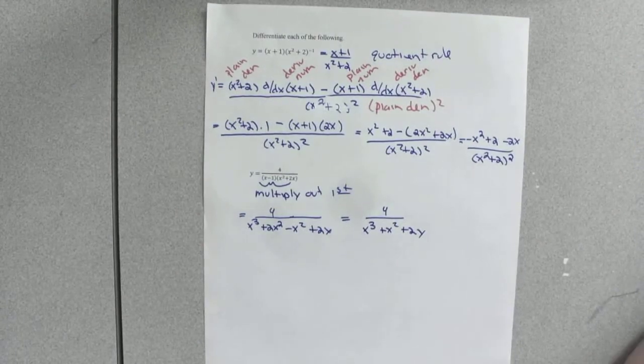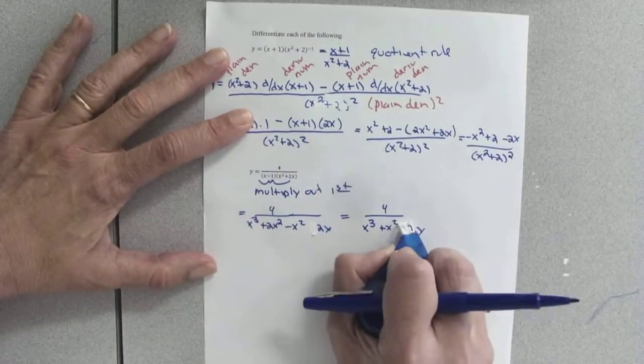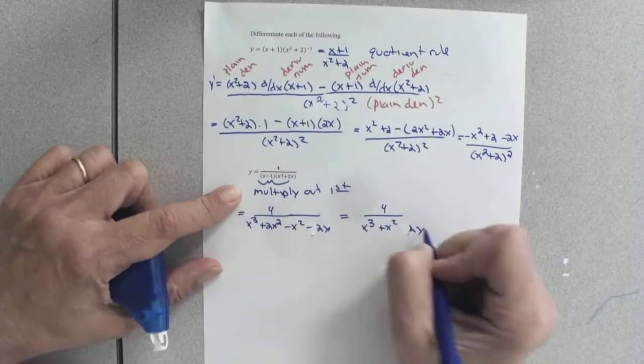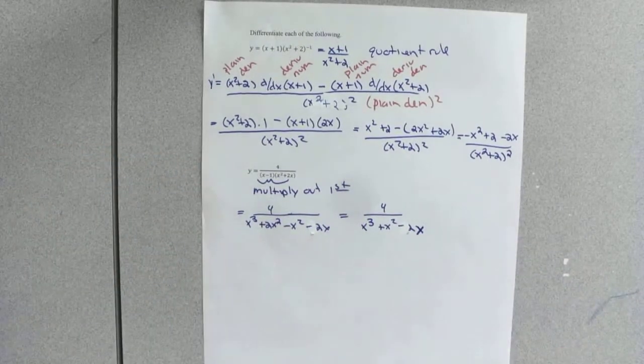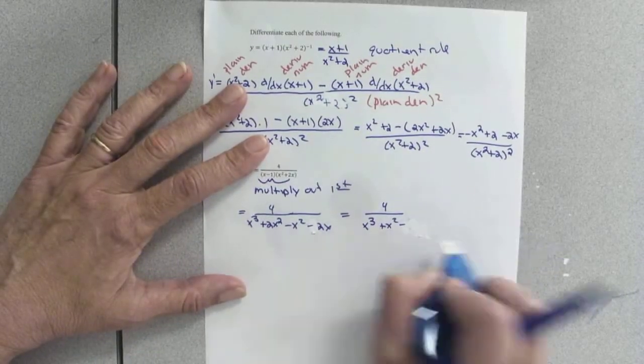Always simplify original functions if you can. There's a sign error there. Minus 2x, which will give me x cubed plus x squared minus 2x.